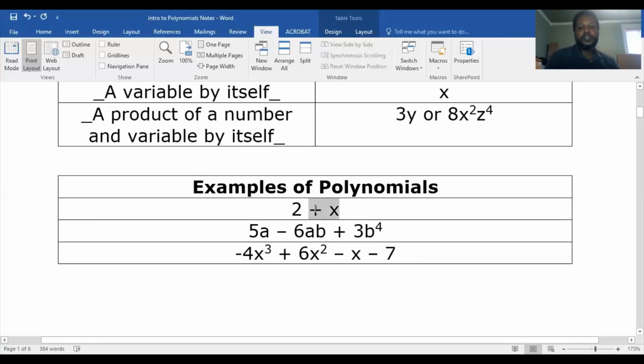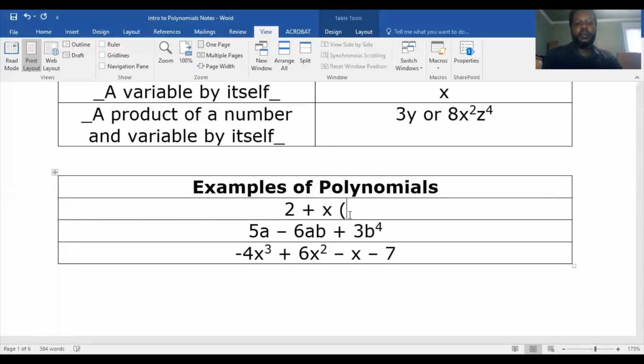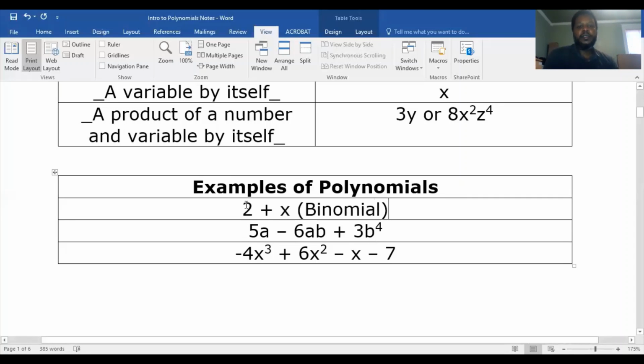This first one, 2 plus x, is what we would call a binomial, because it has 2 terms. Bi meaning 2. This next one has 3 terms, so it is a trinomial.